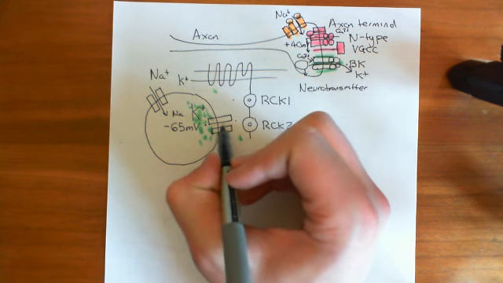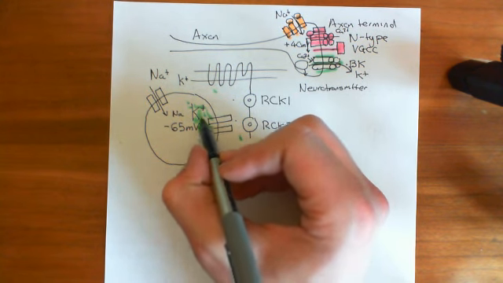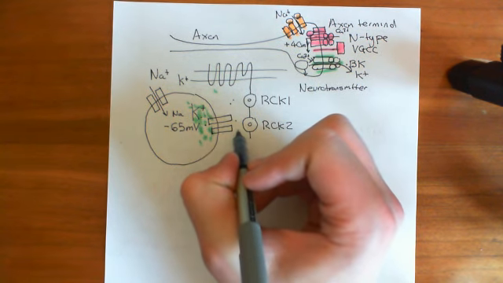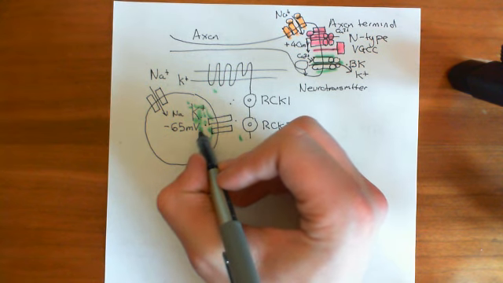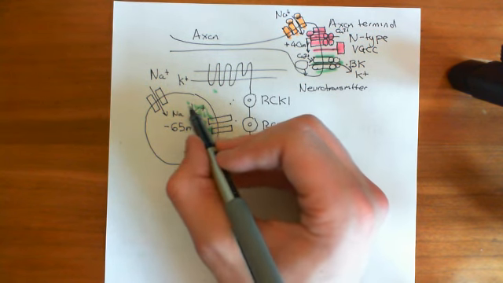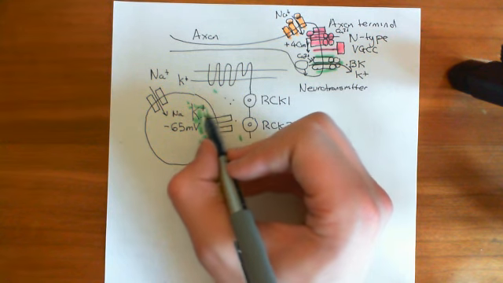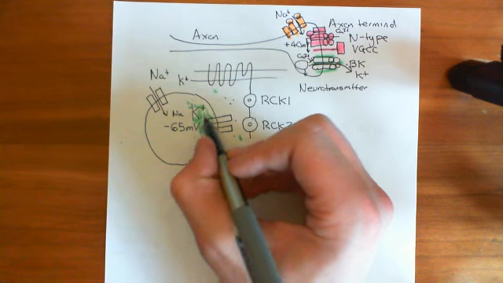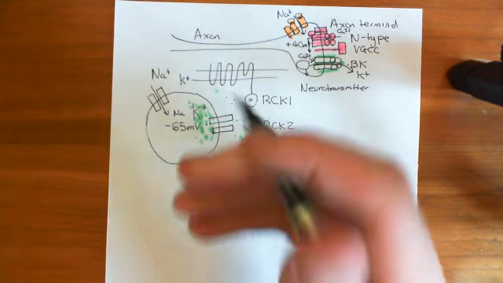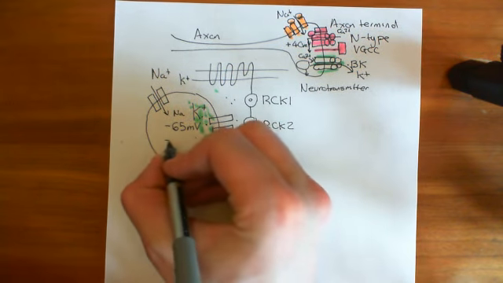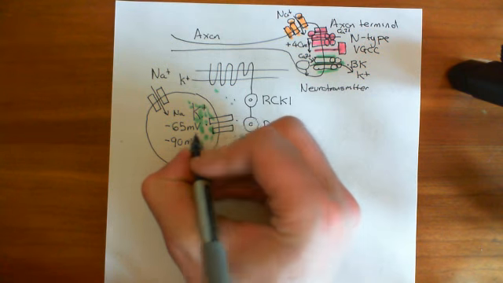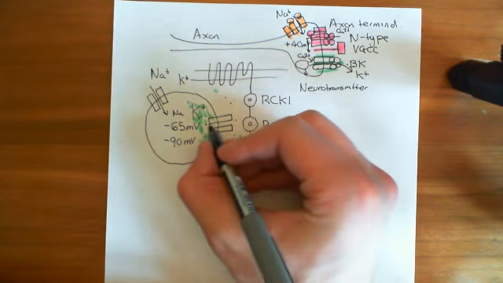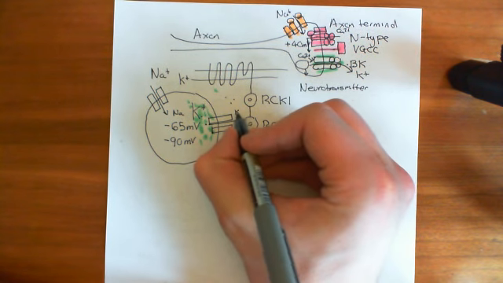But it doesn't reduce it enough that the probability of one moving from the intracellular to the extracellular is the same as the probability of one moving from the extracellular to the intracellular. The probability of moving from the intracellular to the extracellular is still bigger, even though the electrical potential difference is negative 65. You'd have to take it down to around minus 90 millivolts for the probabilities to actually become equal. So you still get a net movement of potassium out of the cell.